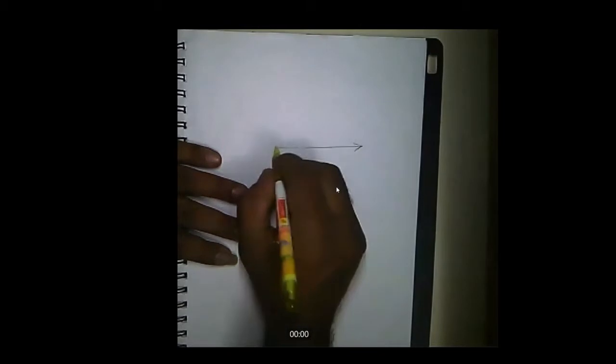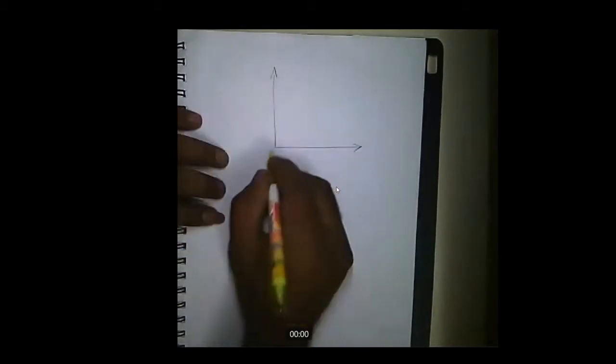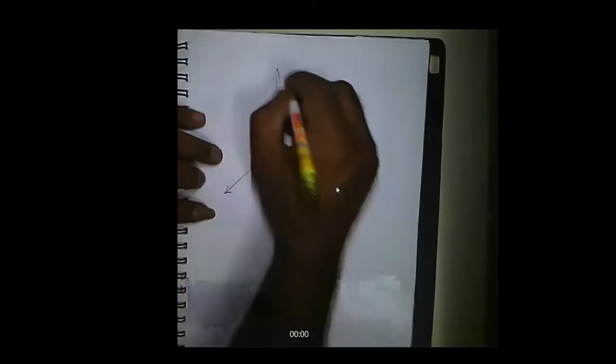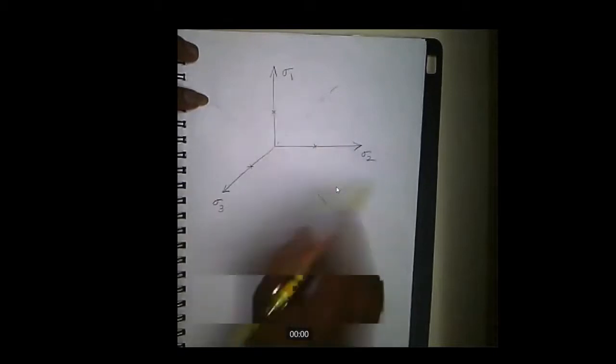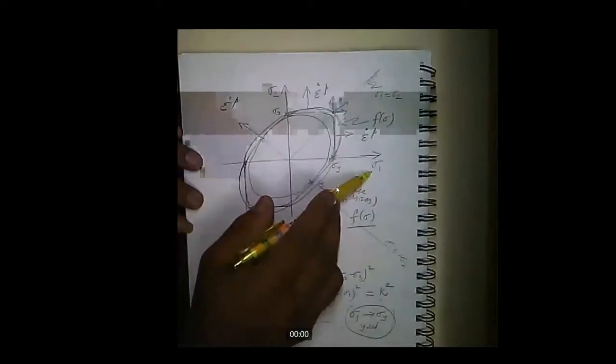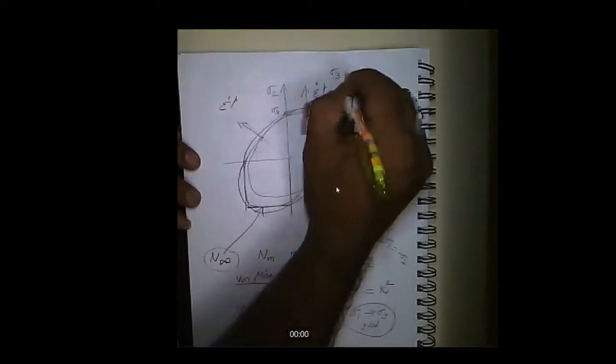Another way of looking at it is, let's take a three-dimensional scenario. So this is sigma 1, sigma 2, sigma 3 space, correct? What is this? This is sigma 1, sigma 2, with sigma 3 being 0.